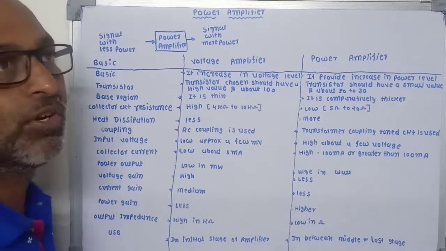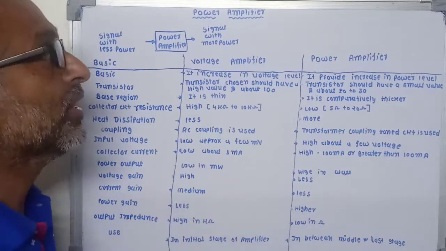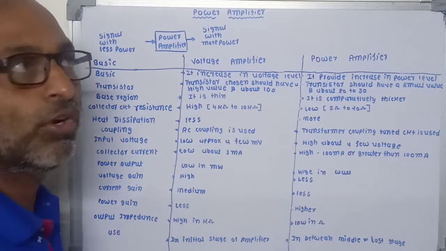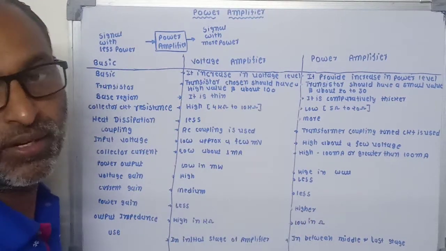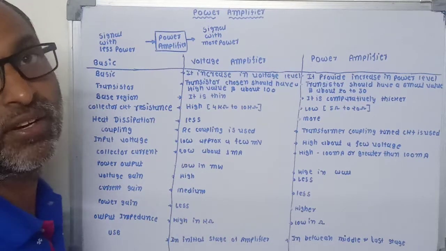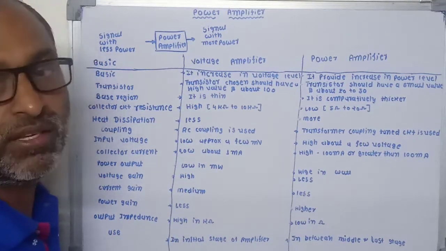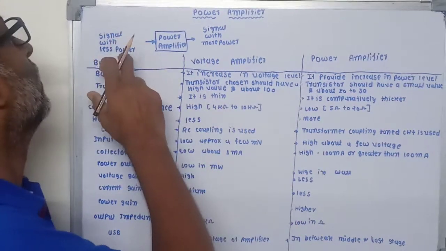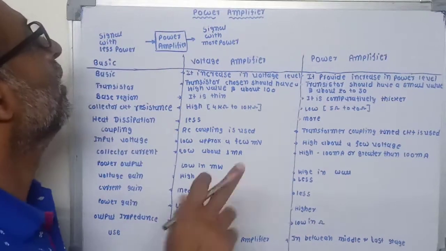Therefore, a sufficient amount of current must pass through the coil of the loudspeaker, so a power amplifier is used. You can say that a power amplifier is an electronic device designed to convert a low power signal into a high power signal.